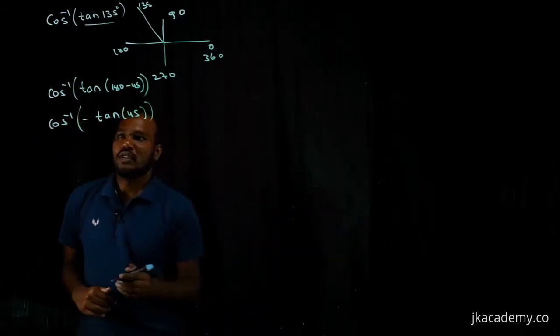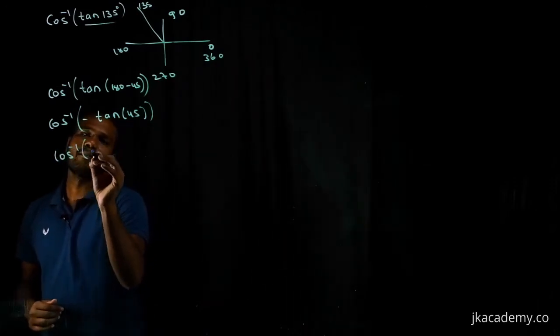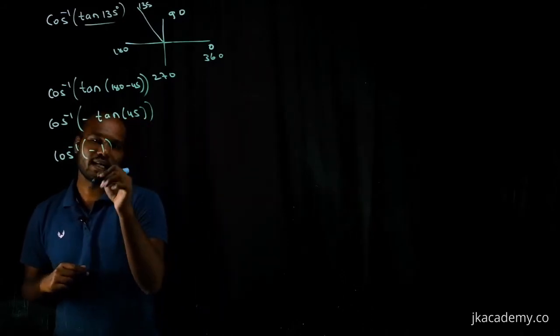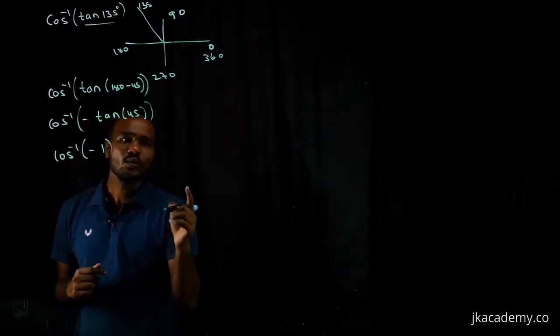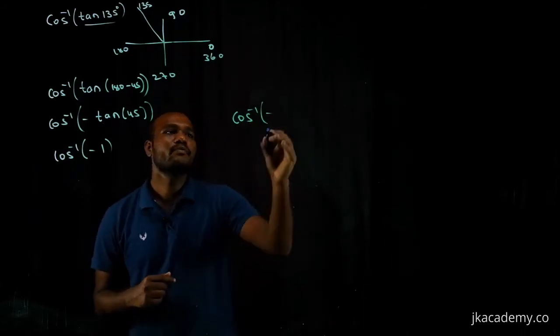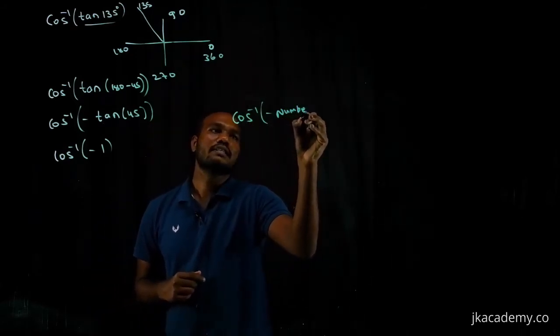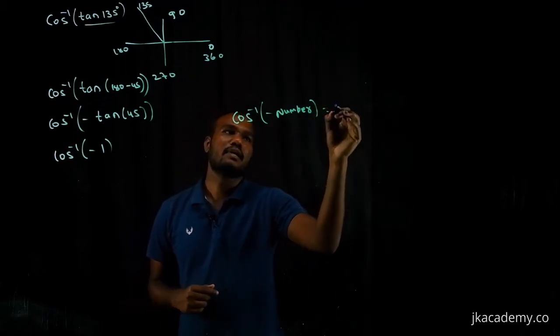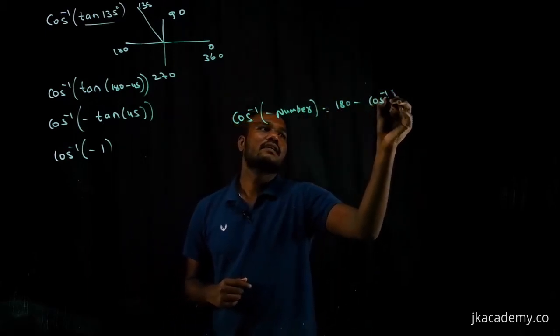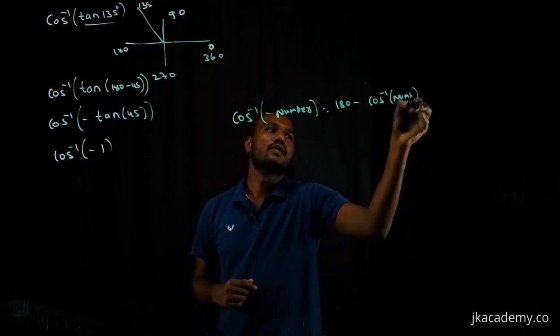Okay. Now, so cos inverse of minus, what is tan 45? Tan 45 is 1. So now we have to know the formula that cos inverse of minus some number is nothing but 180 minus cos inverse of that number.